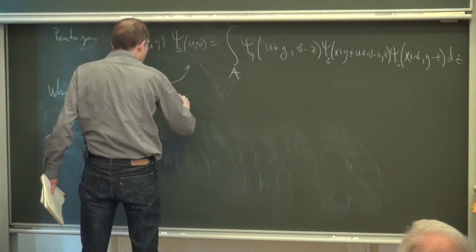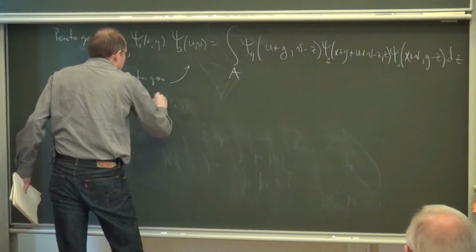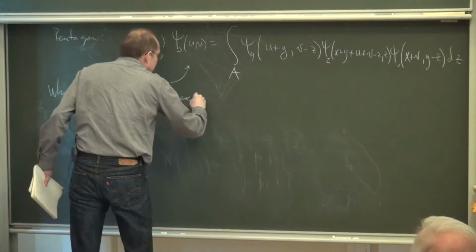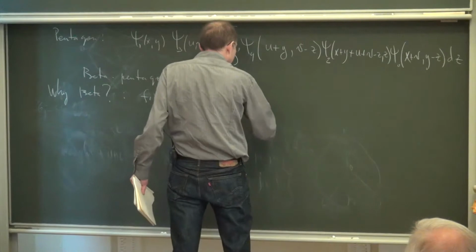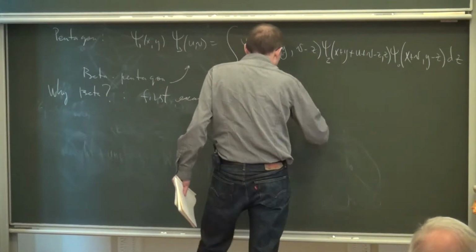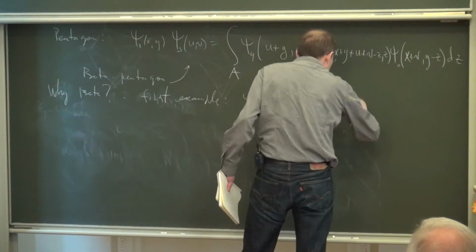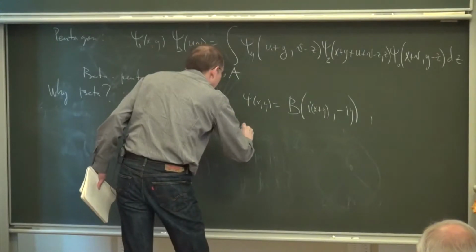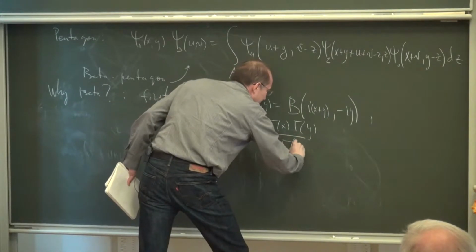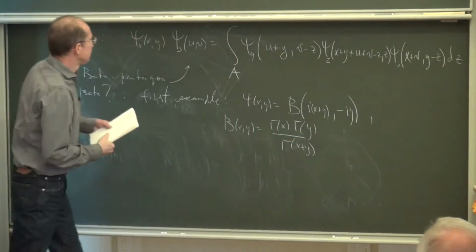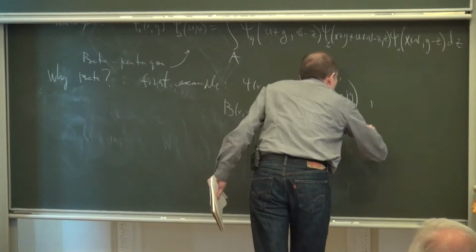So psi of x y, the first example, even historically, I think, is this: B of x plus y minus i y, where B is the Euler beta function.